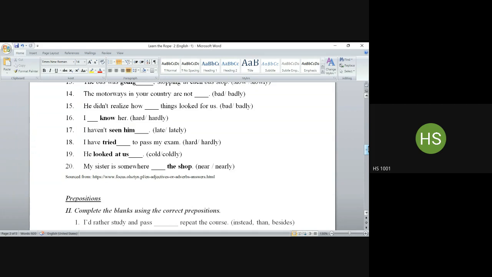When you use it as a preposition, it can be used as a preposition of place, to show the exact place, like where is she, near the shop. In some sense it is a replacement for the common preposition at, and it can also be used to show time.